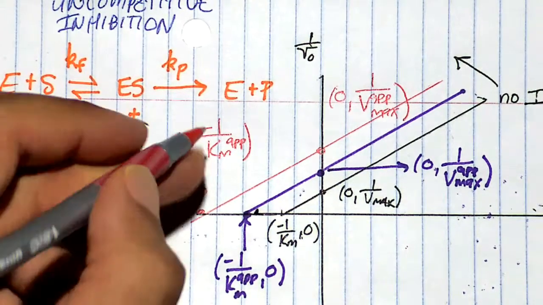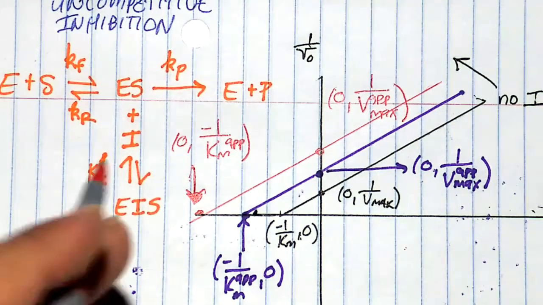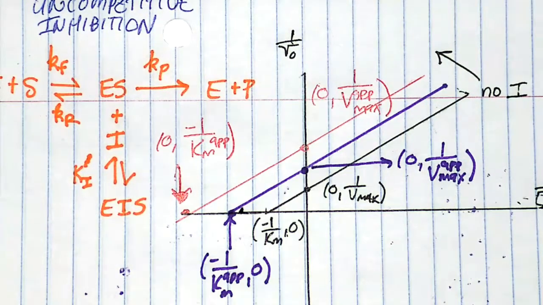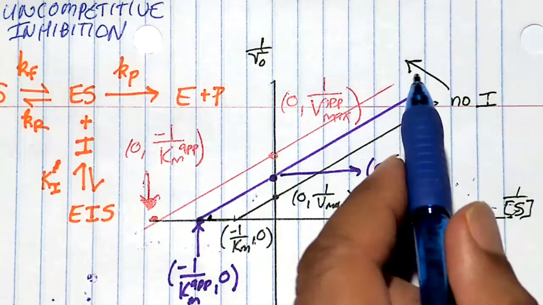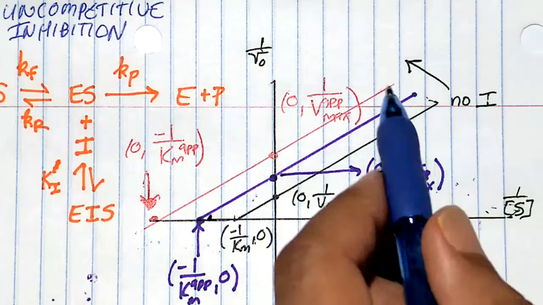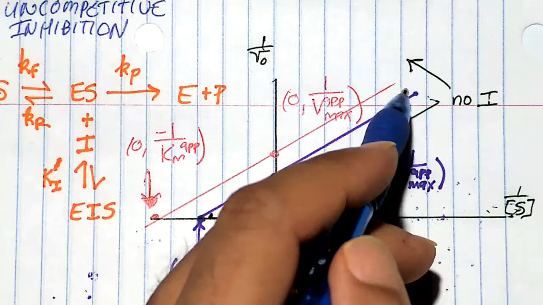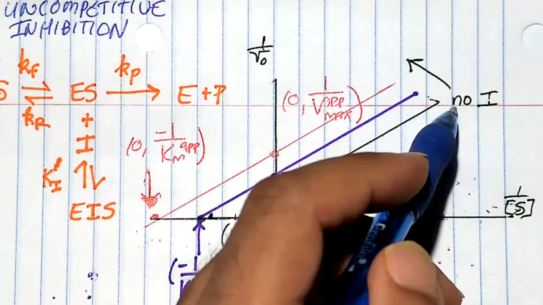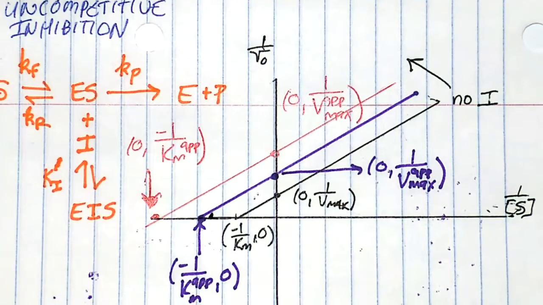So we have an apparent K sub M dependent upon how this shifts counterclockwise. All right. So this can be increasing inhibitor concentration, or like I said before, two different uncompetitive inhibitors: uncompetitive inhibitor 1, uncompetitive inhibitor 2. Obviously, increasing inhibitor concentration, more uncompetitive inhibition.